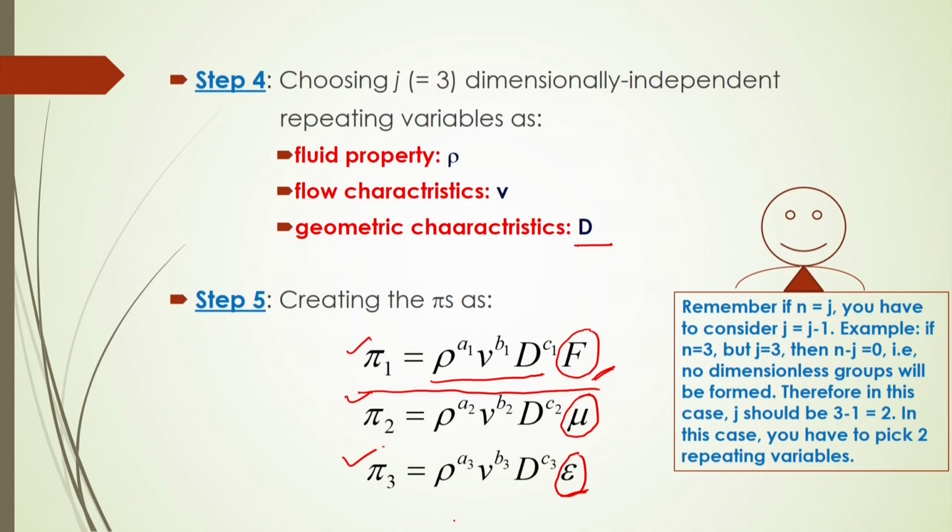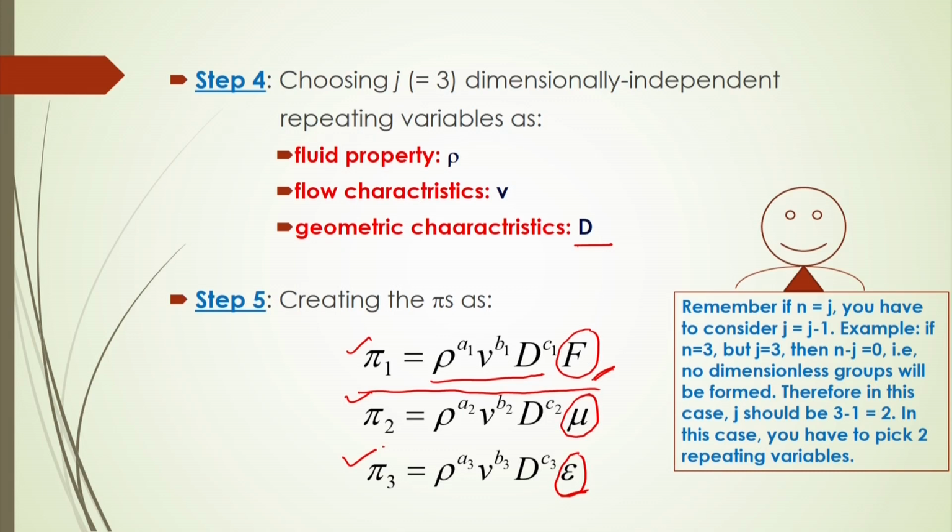In that case, rho to the power a 4, v to the power b 4, d to the power c 4 into some other non repeating variable, maybe sigma, the surface tension of the fluid. So in that case you have to substitute your surface tension. In this way you can form n number of dimensionless groups based on the variables involved in the physical processes.